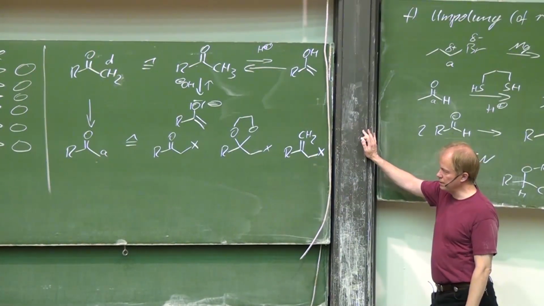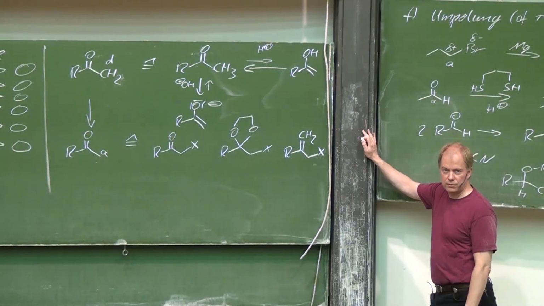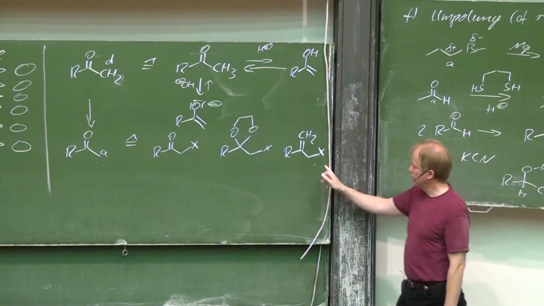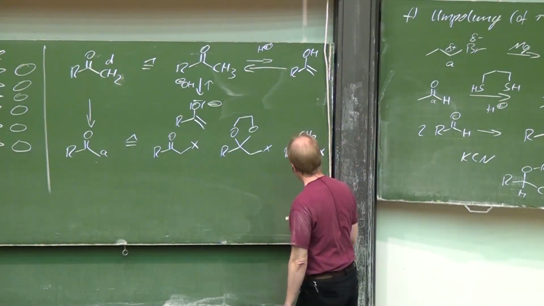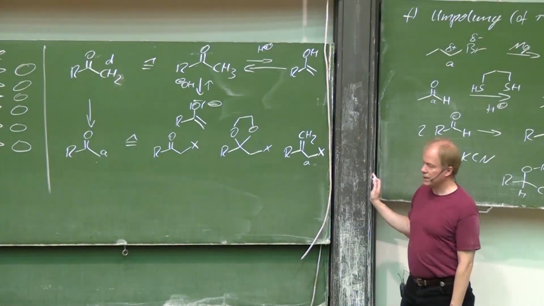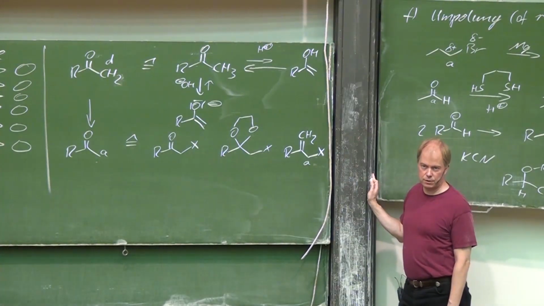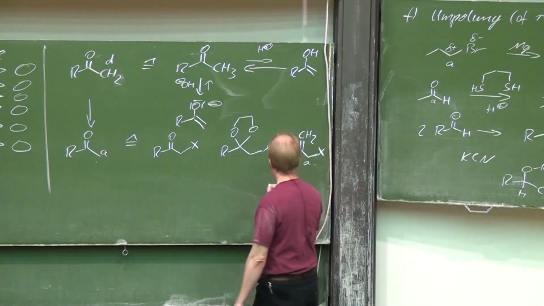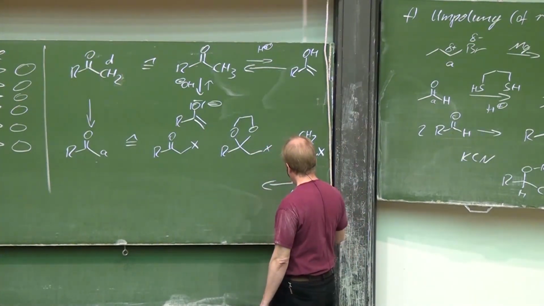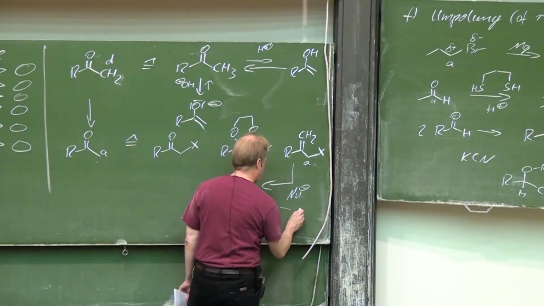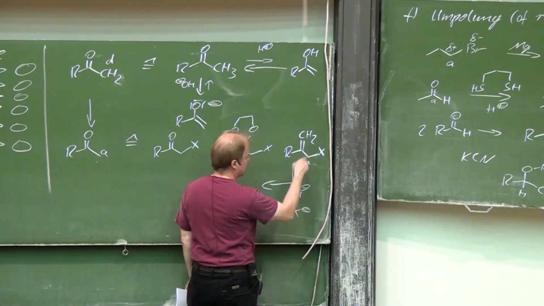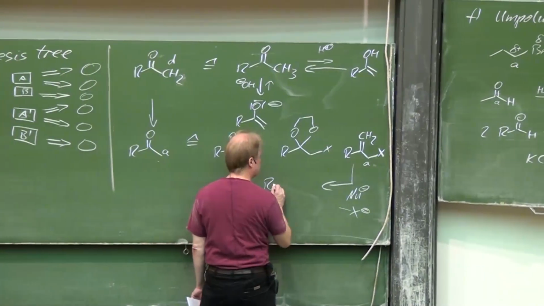So, what would then be the reaction sequence you would have to perform? With the leaving group here, you have the acceptor reactivity. So, now add the nucleophile, make the substitution reaction.